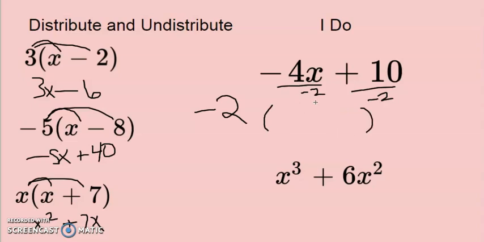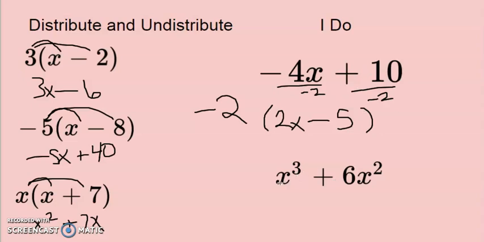Negative 4x divided by negative 2 is 2x. 10 divided by negative 2 is a minus 5. So when we undistribute, we have negative 2 times 2x minus 5. If you distribute this back in, you should get this answer again.